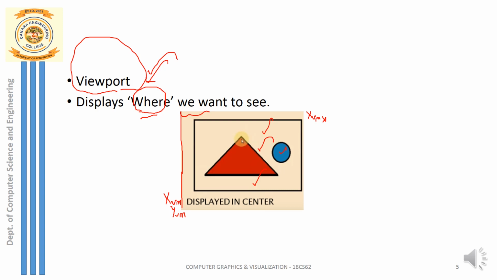I hope the clipping window and viewport concept is clear. So all that we have to map now is from the clipping window onto the viewport. That is, the viewport is nothing but the final desired portion of the display window where you finally display the graphics. So this is about window to viewport mapping.